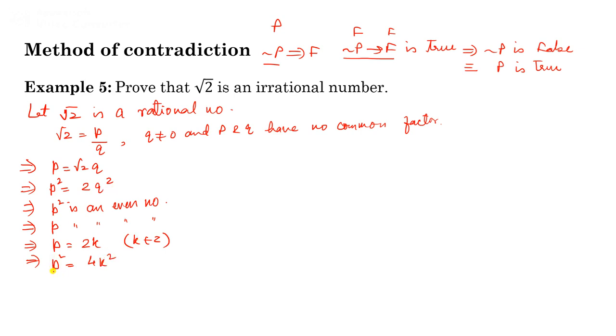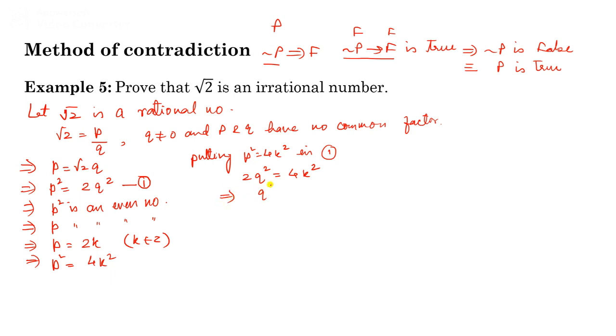Say this is equation number 1. Putting P square equal to 4K square in equation number 1, you will get 2Q square equal to 4K square.